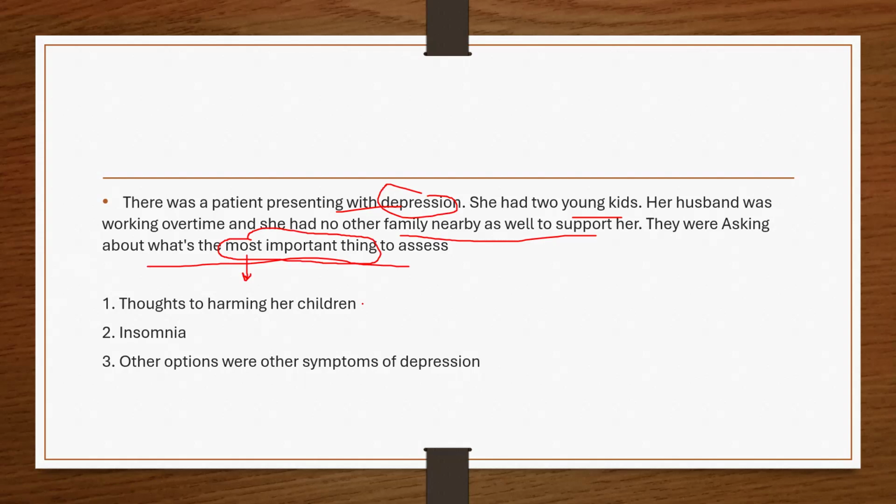Thoughts of harming her children, yes. Depressive patients can have suicidal ideations. That's a very important thing that you have to assess. Insomnia, yes, you have to assess in a patient with depression because they might have insomnia. Other symptoms of depression, yes, you have to assess, because to determine the degree and the severity of the condition. But you can see all three.